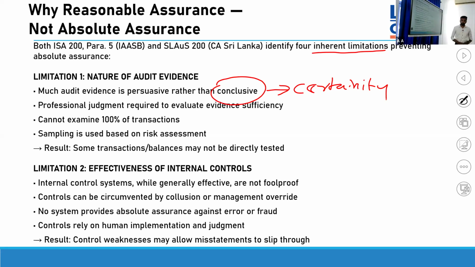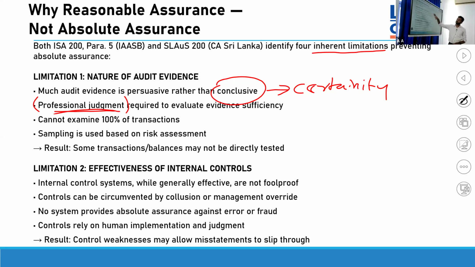Also, when we evaluate the audit evidence, we have to use our professional judgment, so it can vary from auditor to auditor.